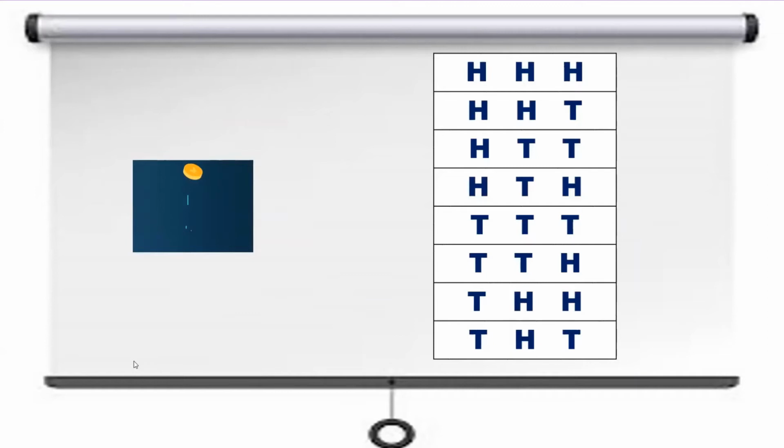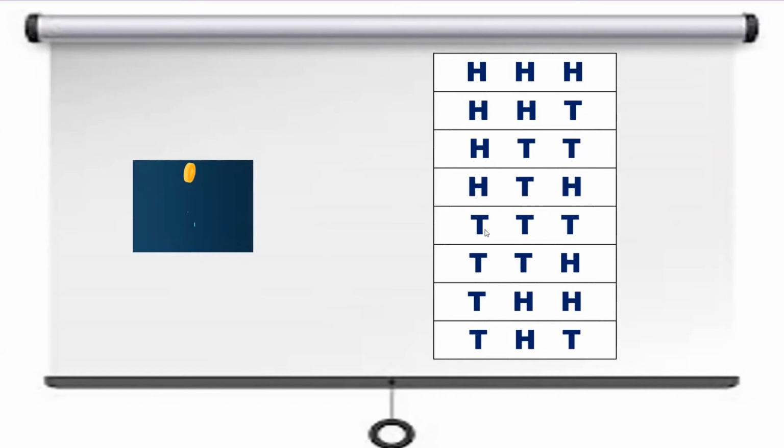There's a shortcut. But before I reveal the shortcut, here it is. If you count, there are 8 sets. All heads, that's one possibility. When they fall, all heads will be seen. Another is 2 heads and then one tail. Another one, head, tail, tail, and the rest.